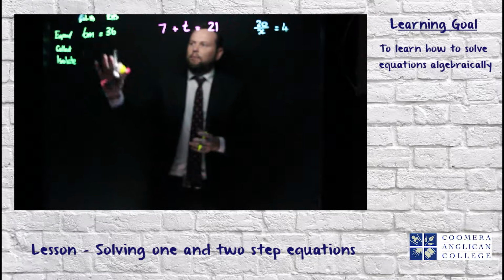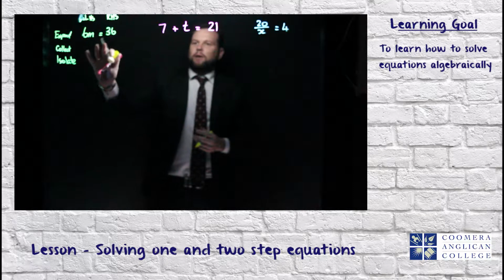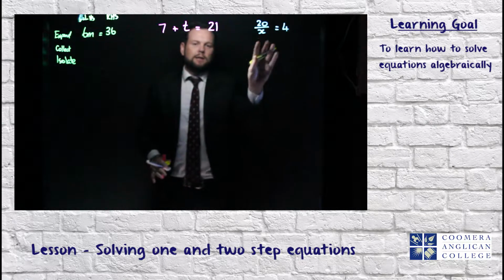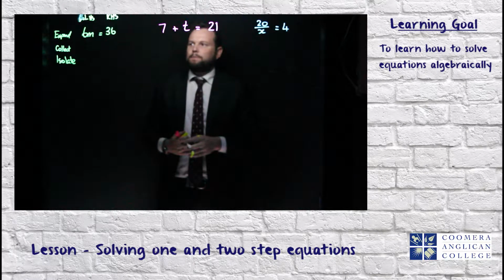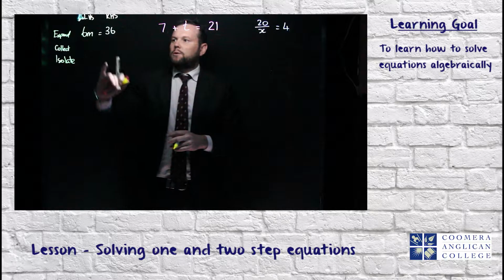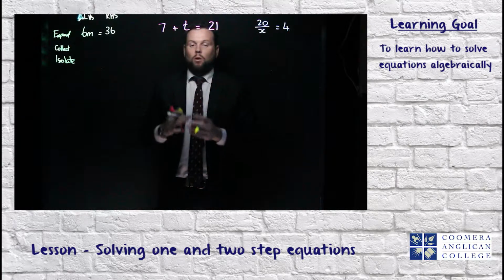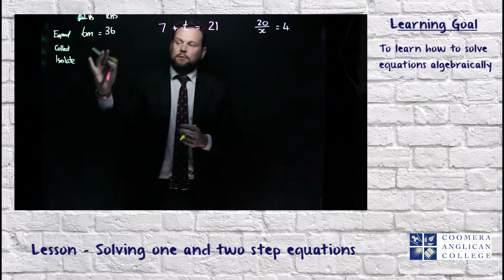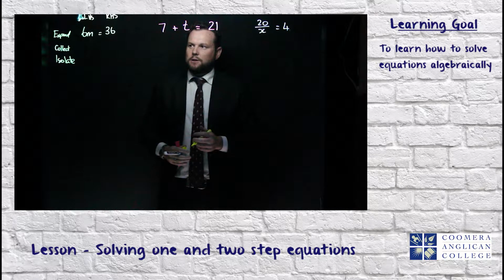So I want you to try to identify the variable in this equation, and in this equation. Just have a think about it. What are the variables? Obviously the variables are the letters. So on one side of the equation, we want the letter, the variable, to be by itself, and then obviously a constant term on the other side.